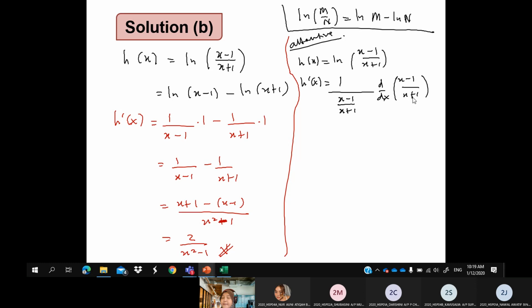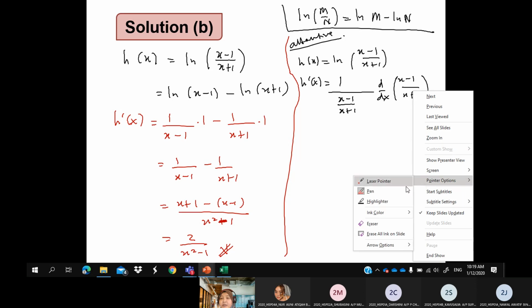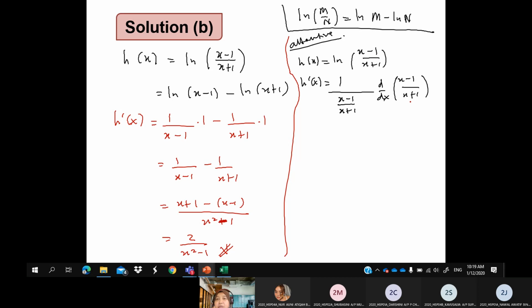This one uses the quotient rule. Quotient: y equals u over v, where u equals x minus 1, u prime equals 1, v equals x plus 1, v prime equals 1. So y prime equals (u prime v minus u v prime) over v squared.